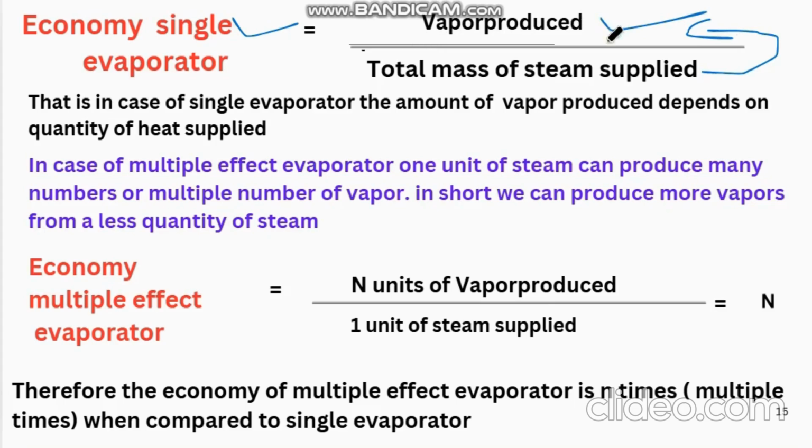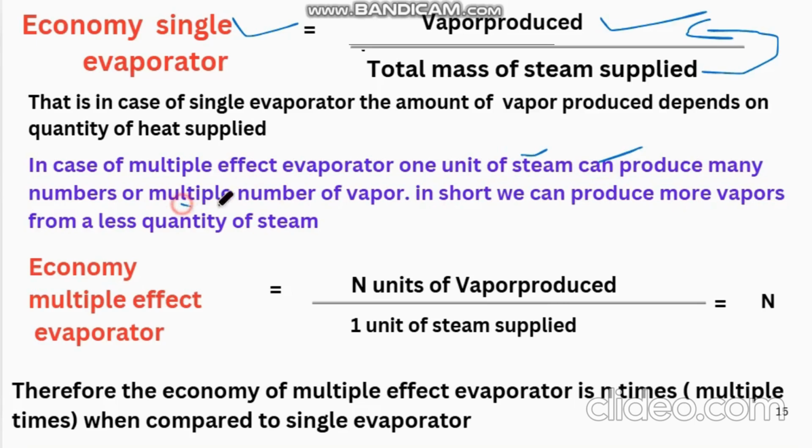Because it is a single evaporator, there is one inlet for the steam, and we can supply only once at a time, so the steam is used to vaporize the liquid, and the quantity of vapors produced directly depends on the steam supplied.